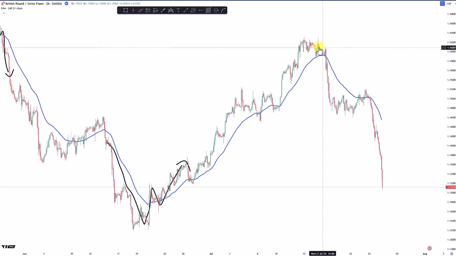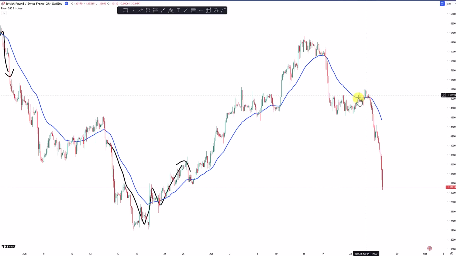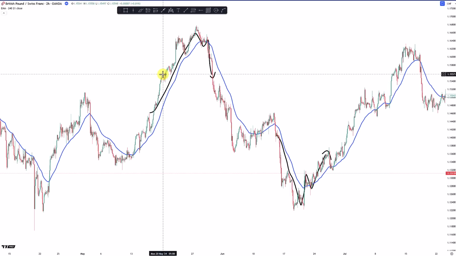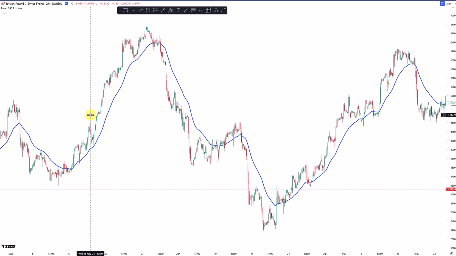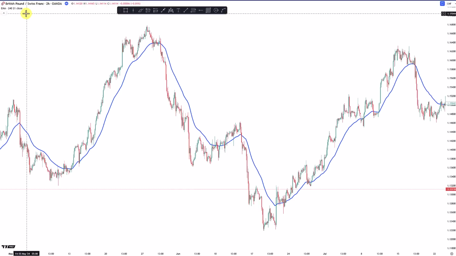Here you can see that then we have the break and the retest comes a little bit later. So adjusting the moving average for a higher time frame can help you avoid some of the premature signals that will come from using a lower time frame setting or just a very small period setting for your moving averages.